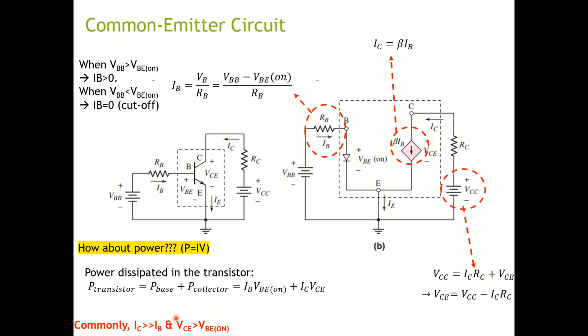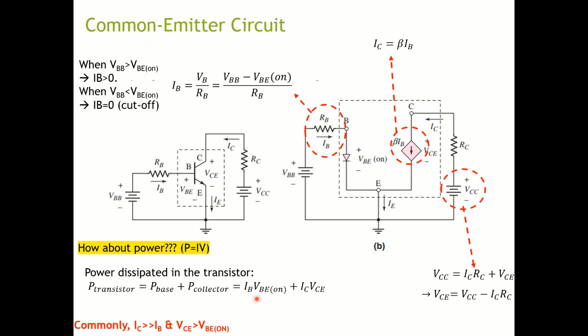However, commonly the value I_C, the collector current, is a lot larger than the base current, and the collector-emitter voltage is also larger than the base-emitter voltage, or the turn-on voltage.